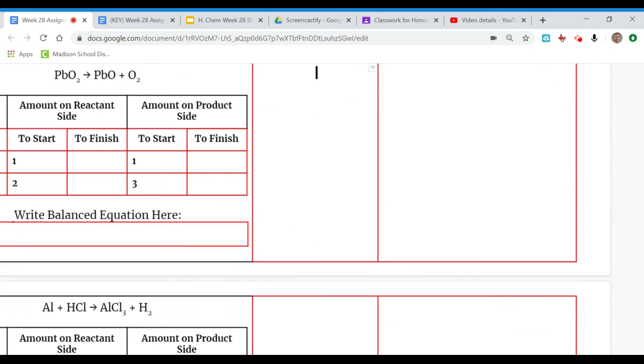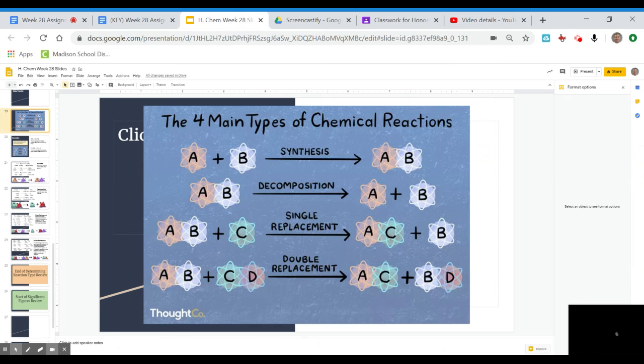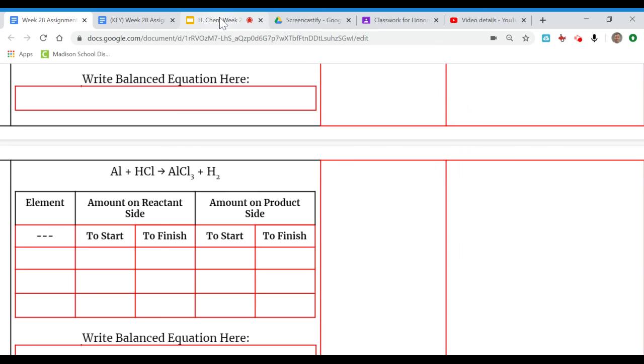Let's look at the next one. Aluminum with hydrogen chloride turns into aluminum chloride and free hydrogen. So let's look back at this. When you compare it to this chart, the reaction that I'm seeing is looking a lot like this third one here, because it is going from hydrogen chloride with, let me check what that was.